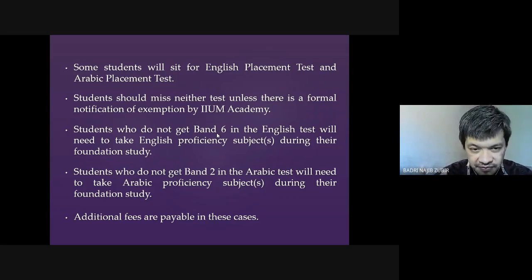If you have 10 foundation subjects, it means 10 plus another one, which is Arabic 1 level. So if you achieve band 5 for English and band 1 for Arabic, there will be 2 additional language courses on top of your foundation courses.